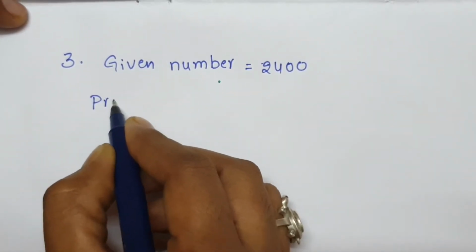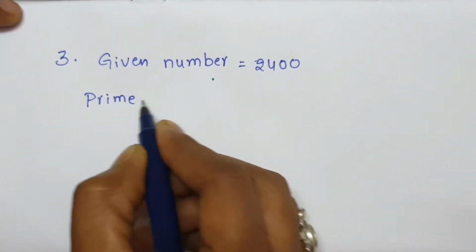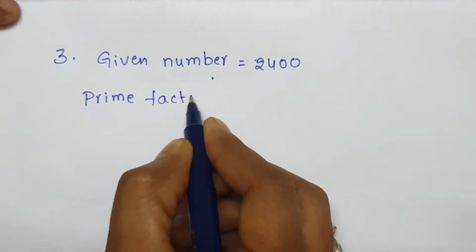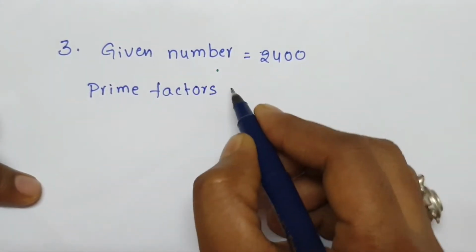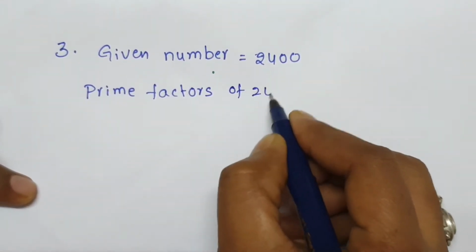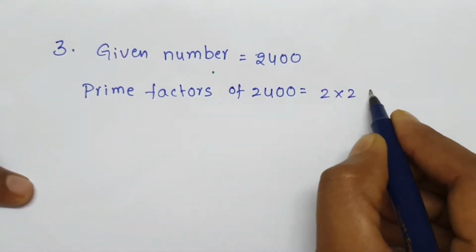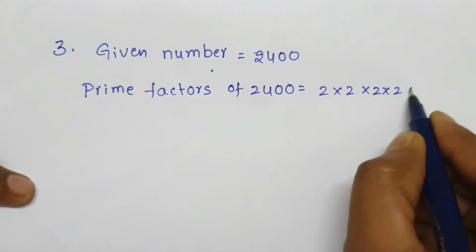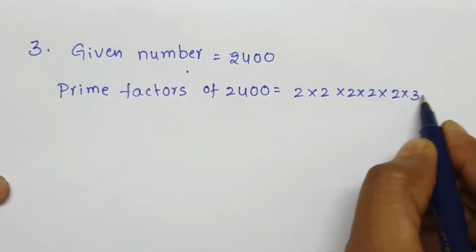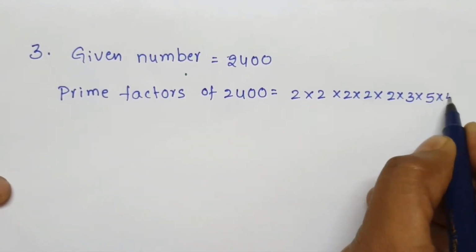First do prime factors. Prime factors of 2400 equal to 2 into 2 into 2 into 2 into 2 into 3 into 5 into 5.